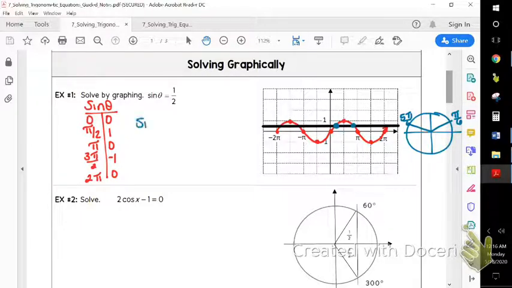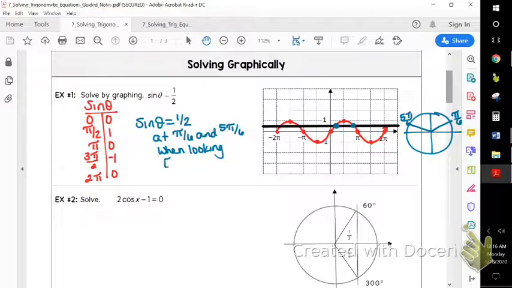So we know that sine of theta is equal to 1/2 at pi over 6 and 5 pi over 6 when looking from 0 to 2 pi.